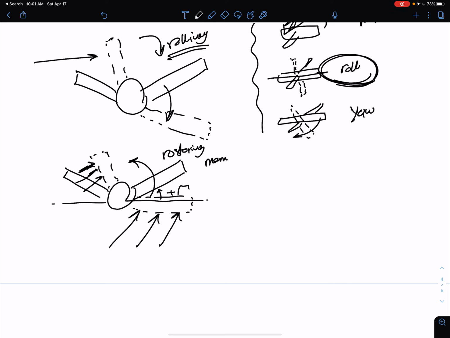So this restoring moment is going to cause your aircraft to go back to its original trim level.